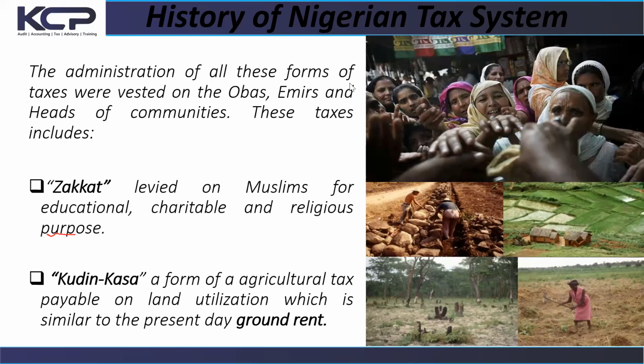All right, so the zakat is levied on Muslims for educational, charitable, and religious purposes. So it is a form of tax that is usually payable by Muslims, not just everybody pays zakat. So Shakirat is saying Kudi Kasa is paid by land users.